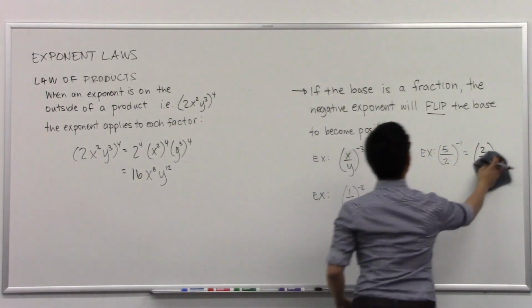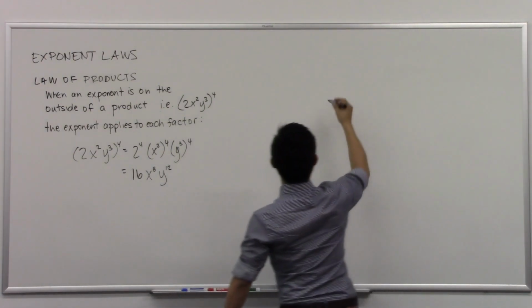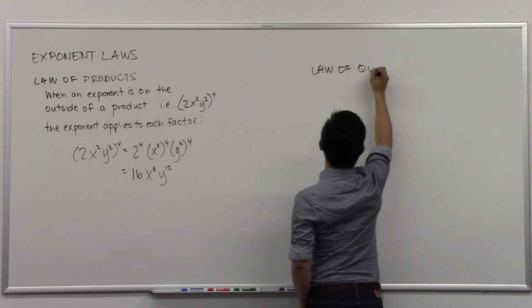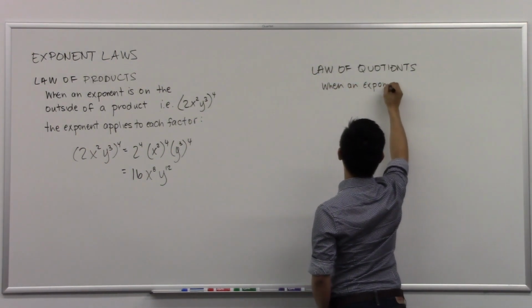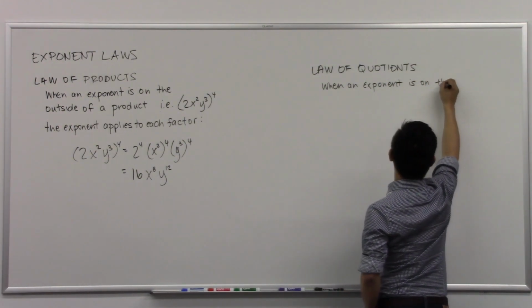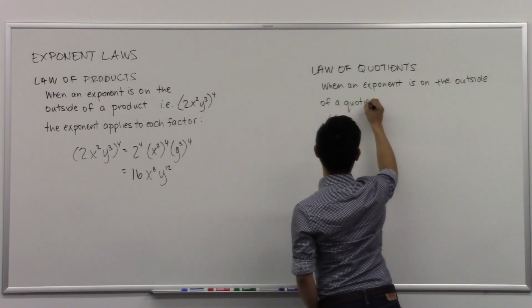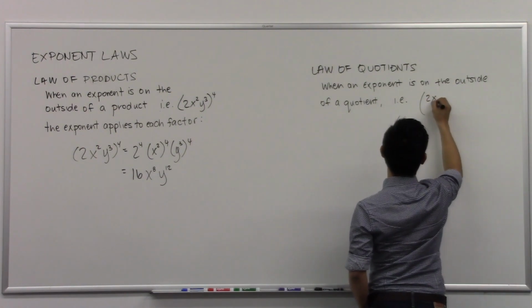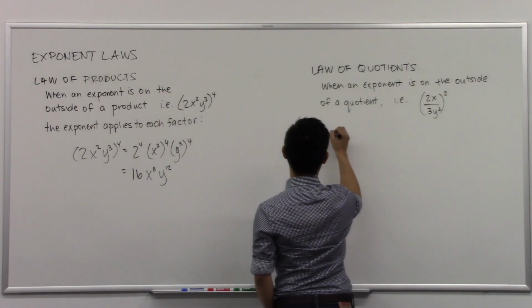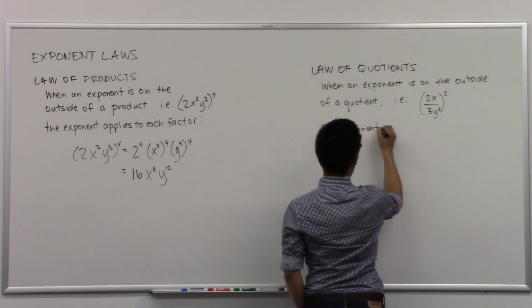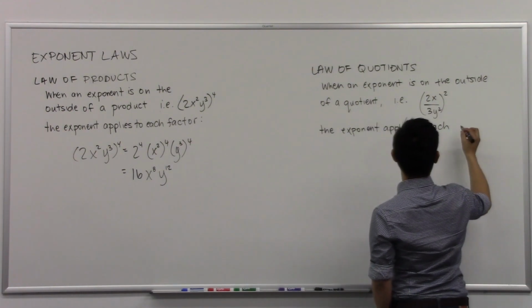The law of quotients. For the law of quotients, when an exponent is on the outside of a quotient, the exponent applies to each factor again.